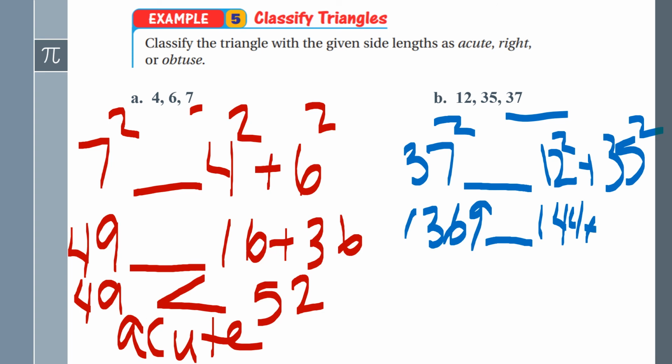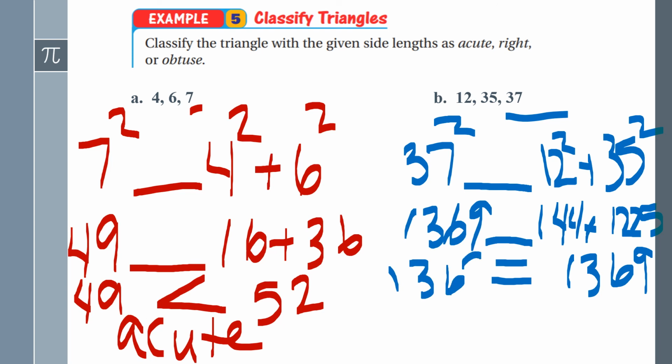We want to add that to 35 squared, which is 1225. If I add those two together, I'll get 1369, which is the same as the other side. And since they're equal, this is a right triangle.